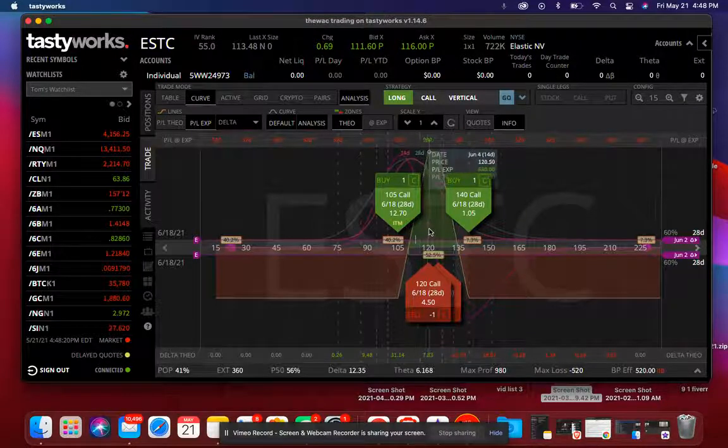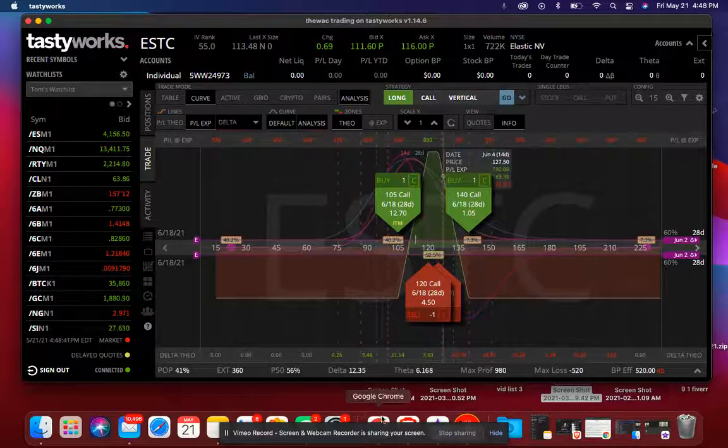So if this stock keeps moving up but comes in below the 200-day moving average, from 120 to 123, if it sits there, that's our max profit of $980.